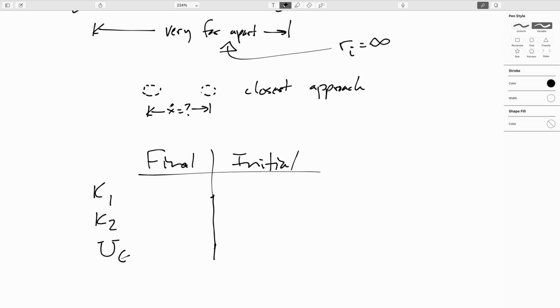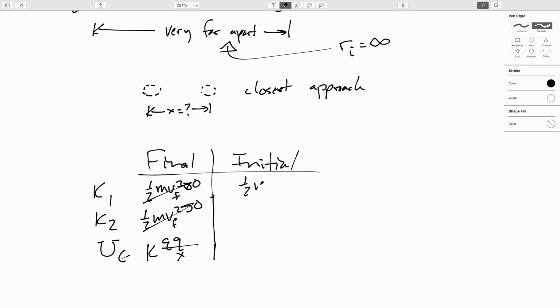So at closest approach, this would be 1/2 mv final squared, but v final would be 0 at closest approach because it's just about to turn around and go back out. Ditto here. And the potential energy here is going to be kQQ over x.